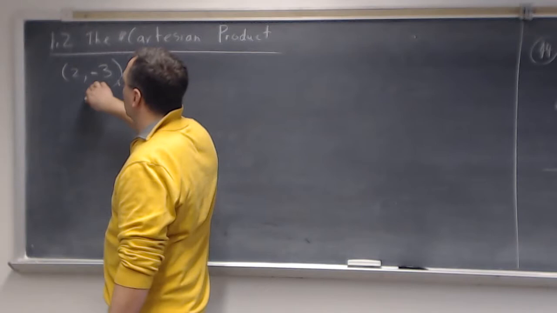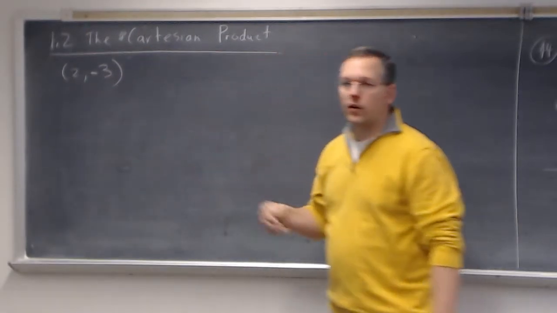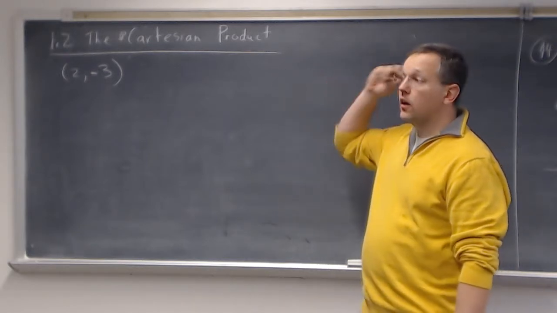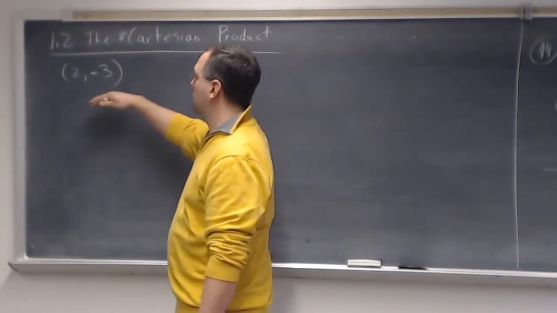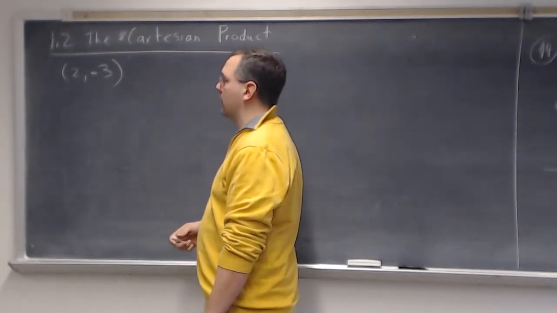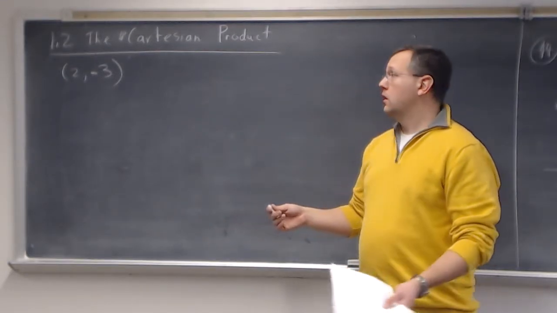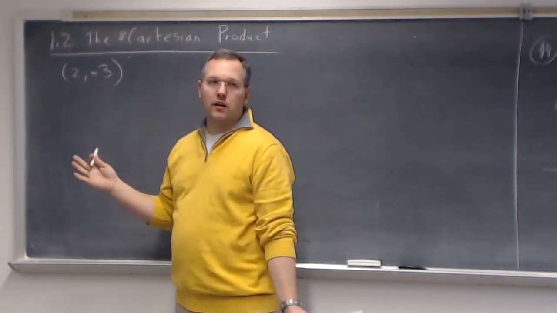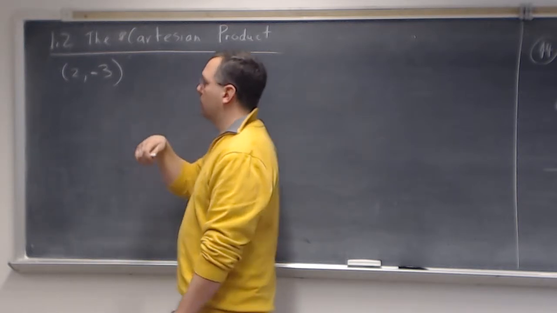By connotation, you should be able to tell whether we're talking about an interval or a point, or something else. What we can call this for sure is an ordered pair. If I saw (2, -3), I would think it's probably not an interval, because you wouldn't have negative 3 as the right endpoint of an interval.